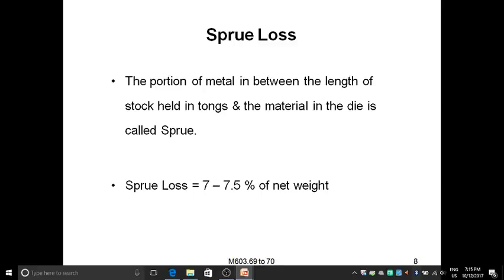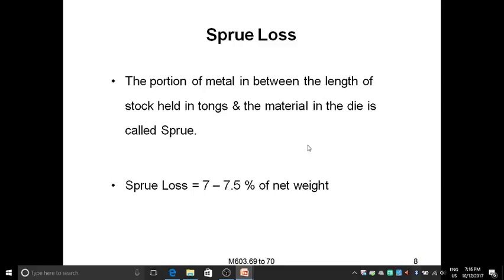You calculate that volume, that is also a loss, termed as sprue loss. Normally this sprue loss is considered, and in some cases it is also referred from the standard textbook. Normally it is 7 to 7.5% of the net weight.